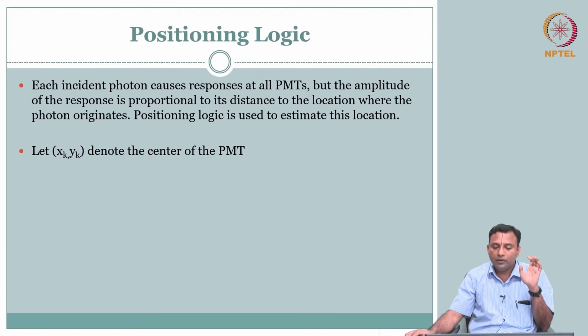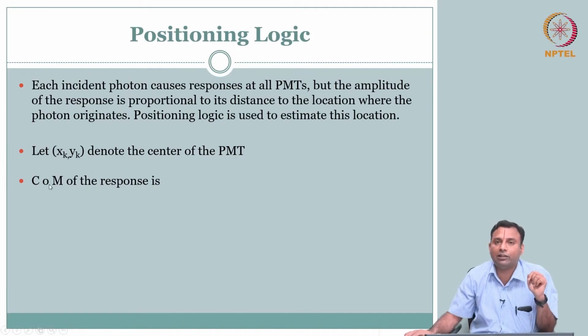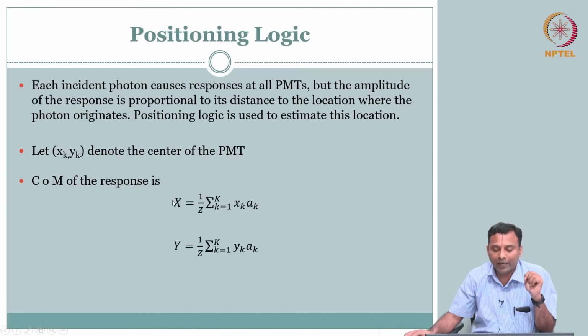Rather, we could go for center of mass, right? So if you denote xk, yk as the location of the center of your photomultiplier tube, we can use a center of mass instead of just using the photomultiplier tube with the maximum response as the location. How do we do that? So you have your x location to be 1 by Z of the sum of xk ak, where Z is what we calculated, the total, and ak the partial contribution.